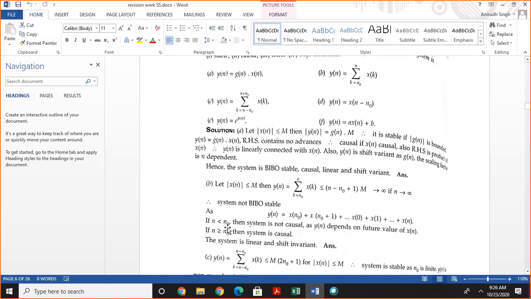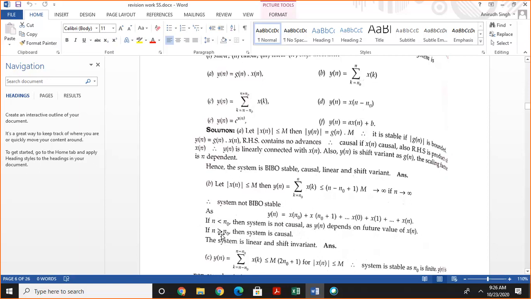Suppose that this n is negative, say minus 3. So x of minus 3, x of minus 2, x of 0, x of 1, x of n. Clear? But if this n is less than n naught, means n is also negative.